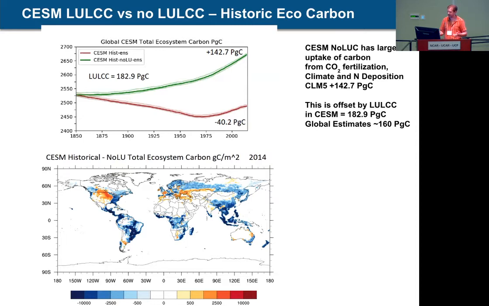That means we can attribute the difference between the two back to the land use and land cover change in the model. So that's 182 petagrams of carbon, whereas a lot of the global estimates are around 160 petagrams of carbon for the same time period. So we're in the same ballpark as a lot of the other models in the Global Carbon Project.